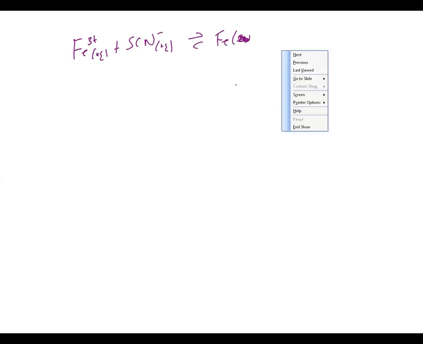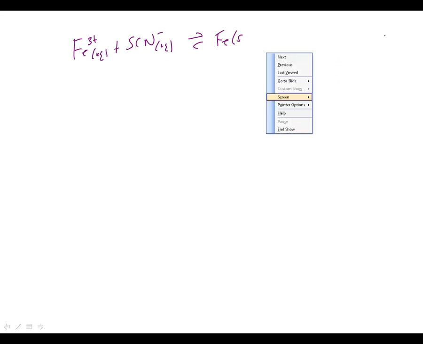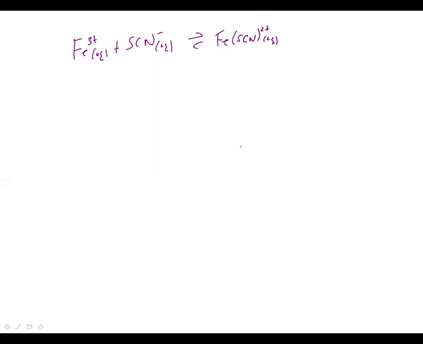So again, we have our iron 3 reacting with our thiocyanate, making our complex ion, FeSCN 2 plus. And again, same equilibrium constant as what we had on the other slide there.